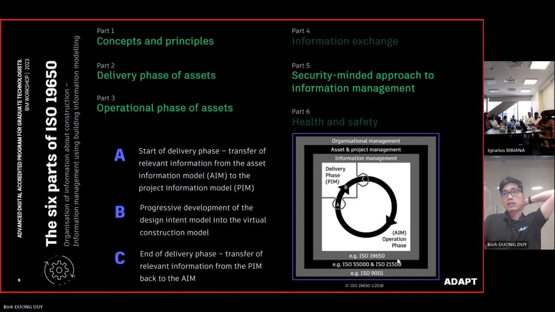This standard also incorporates other standards, and you can try to find out more about that. Today we are only able to give you some concepts about the BIM process, and you can search or dive in more to get more detail.